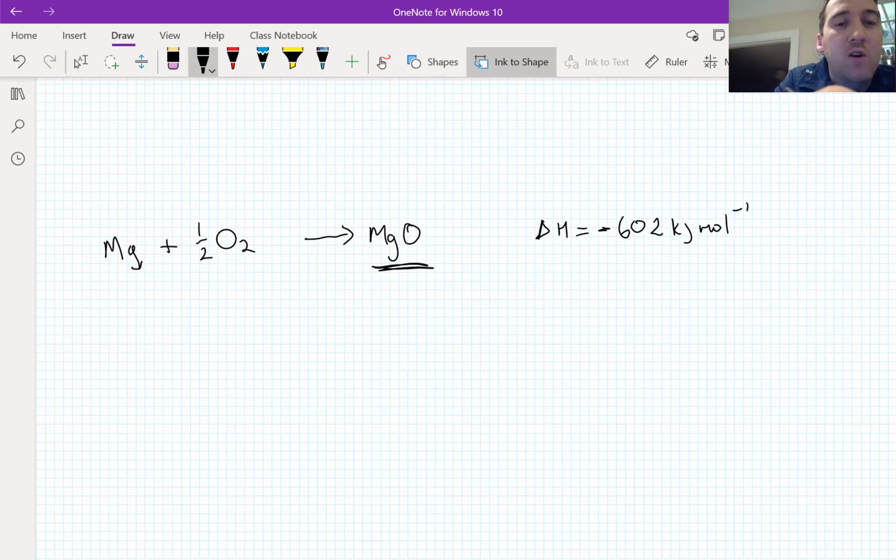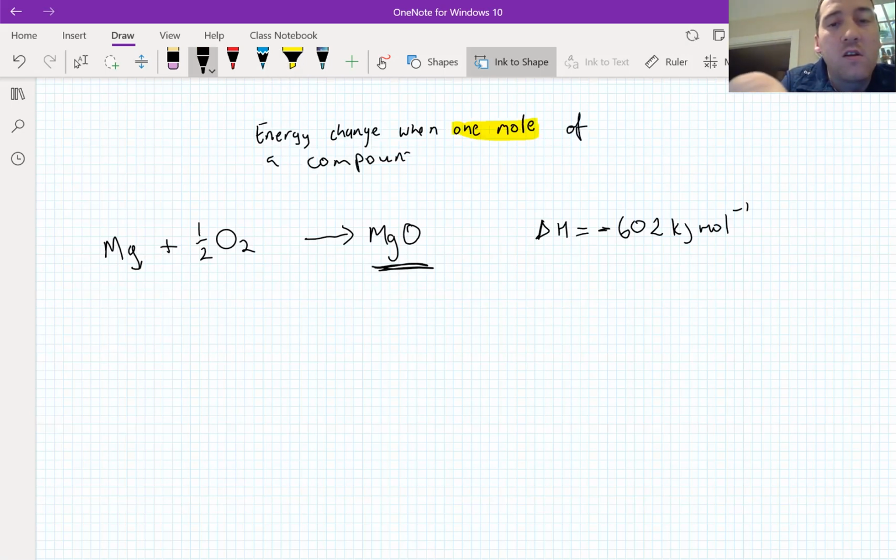So if we were to define what we're doing here, we would say we're talking about the energy change when 1 mole, and this is key here, 1 mole of a compound is formed from its elements.